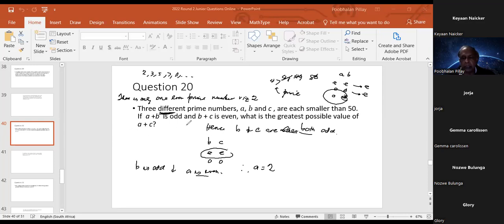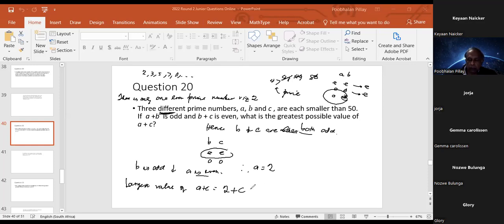So now the question is, what is the greatest possible value of A plus C? So you need to know the largest value of A plus C. We know A is 2 now, and C is a prime. So in other words, you want to find the largest value of C. But remember that all the primes are less than 50.